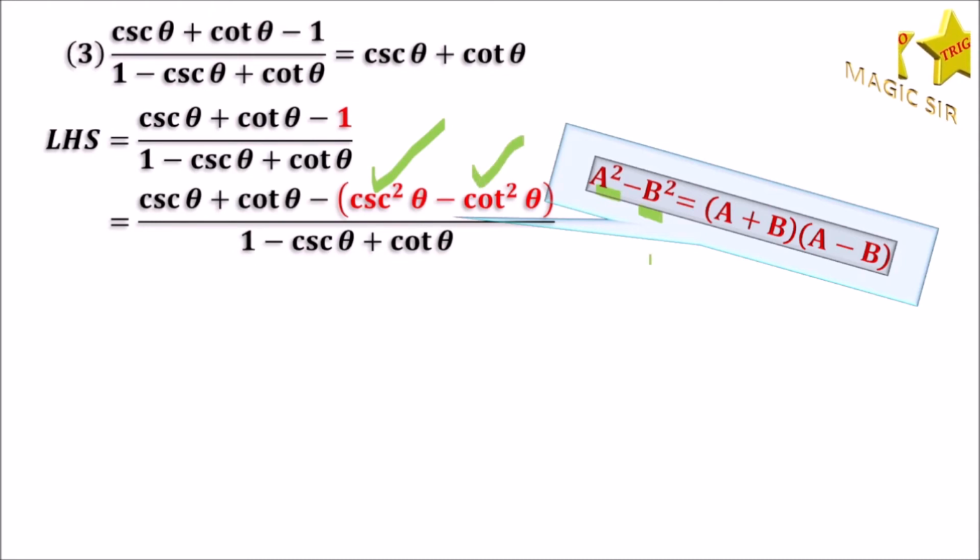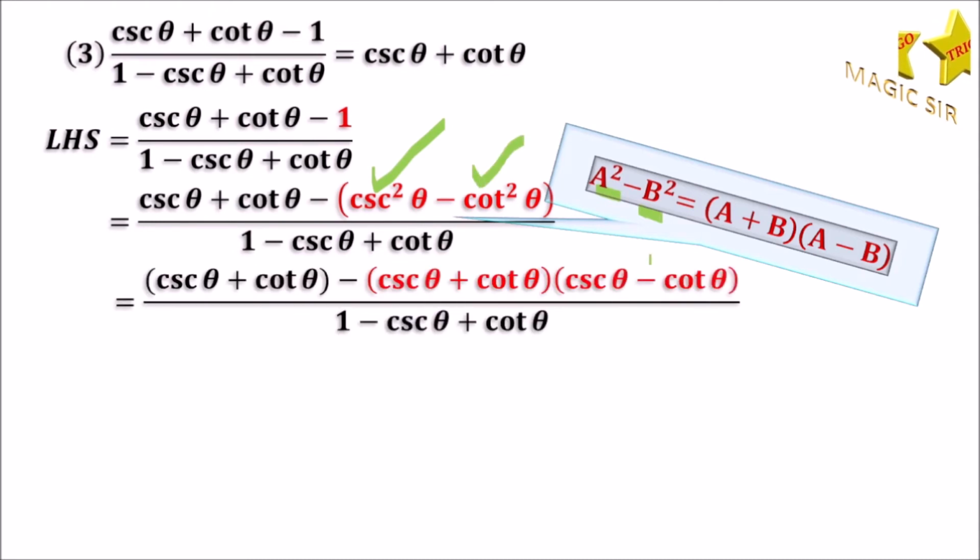So a plus b is equal to cosec theta plus cot theta, and a minus b is equal to cosec theta minus cot theta.